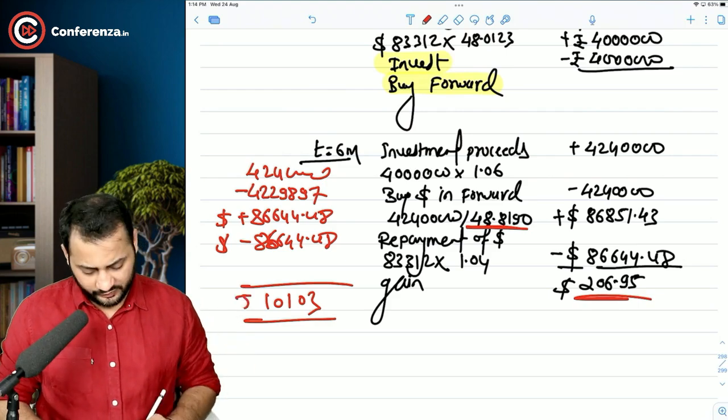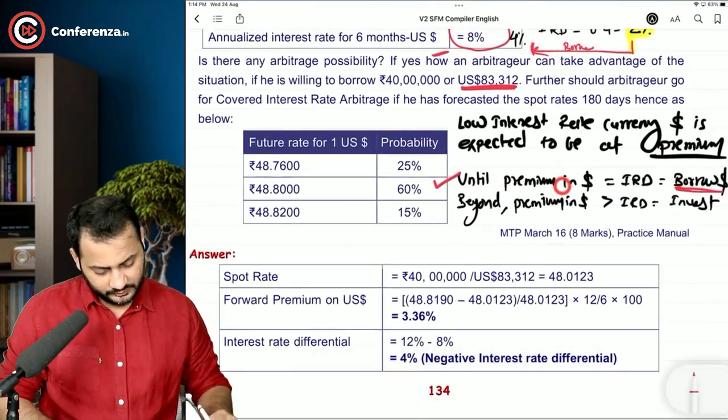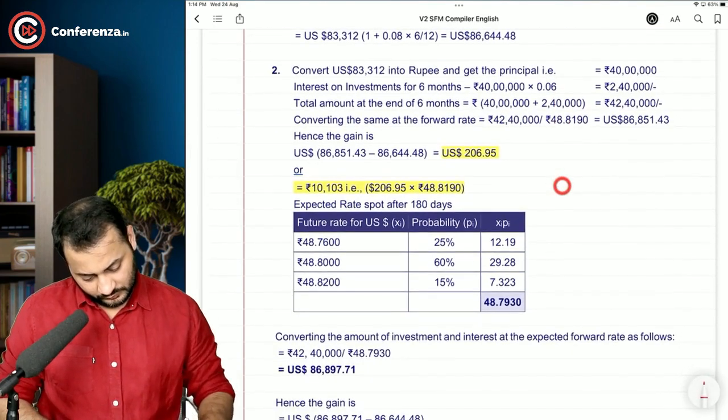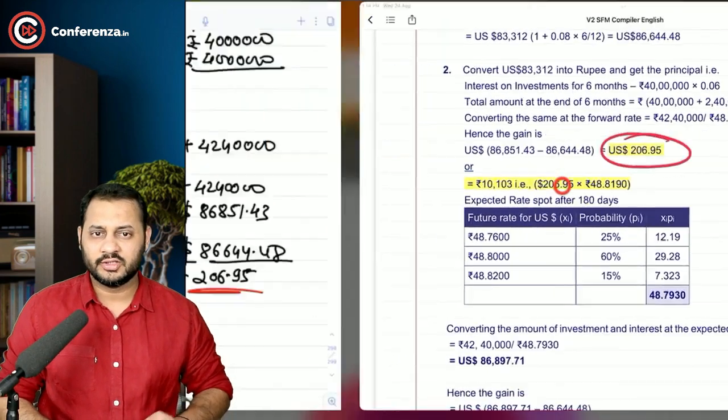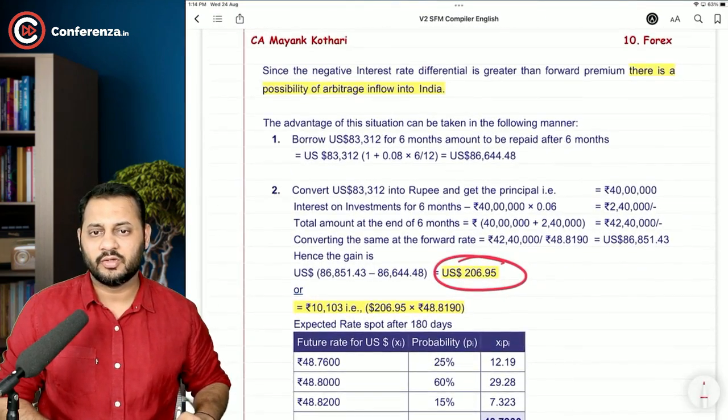So if you want a profit in rupees, you can do it like this, or in dollars you can do it like that. Have a look. $206.95 is the gain. So this is how you have to do it.